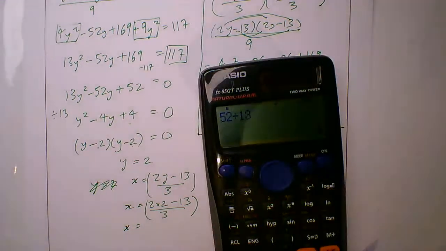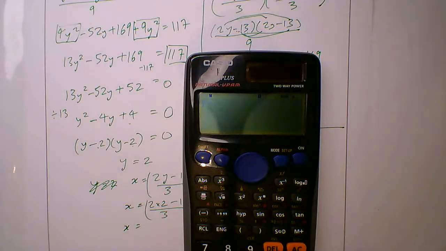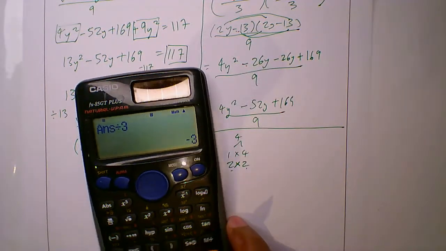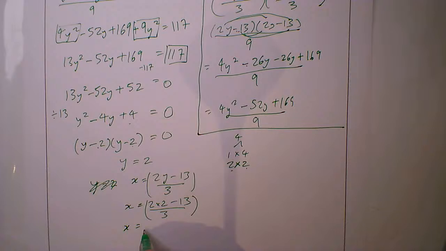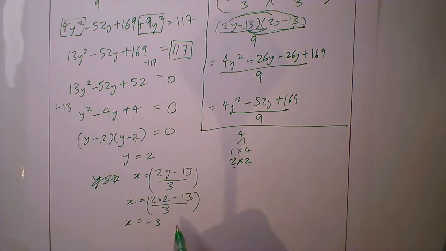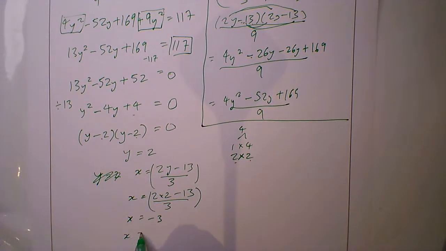Just put that into the calculator. 2 times 2 take away 13 divided by 3 gives me minus 3. So my coordinates are x equals minus 3, y equals 2.